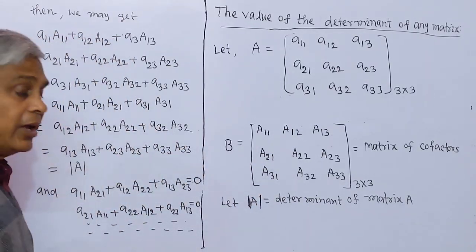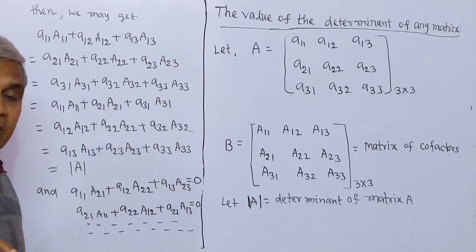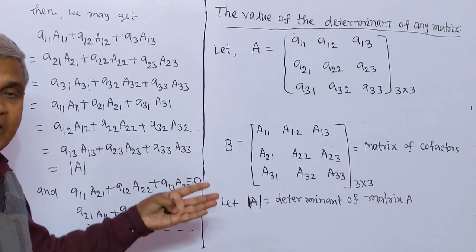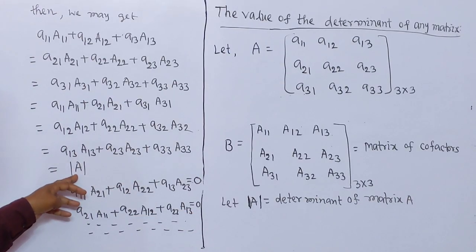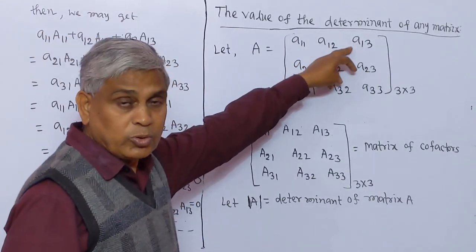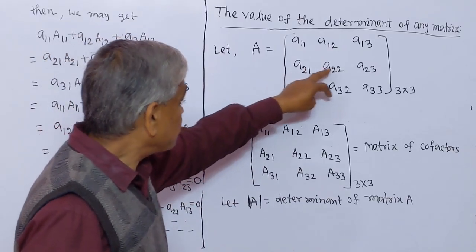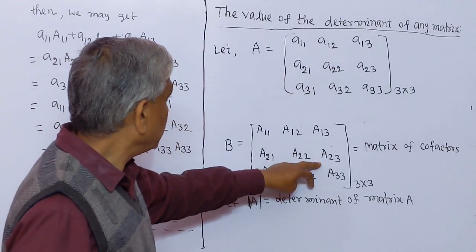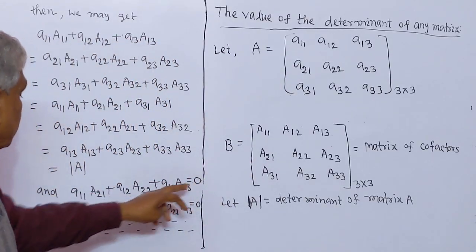And in this way we will get that if we multiply the elements of any row with corresponding cofactors and then add, we get the value of the determinant. Otherwise, if we take the elements of the first row and cofactors of the elements of the second row, and we multiply then add, we will get value 0.